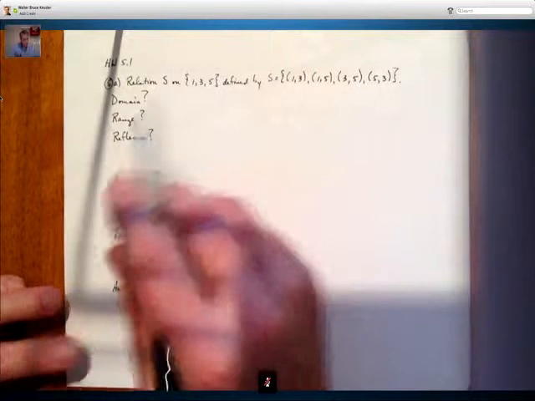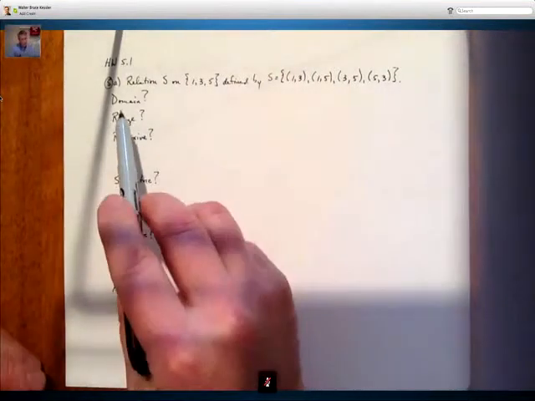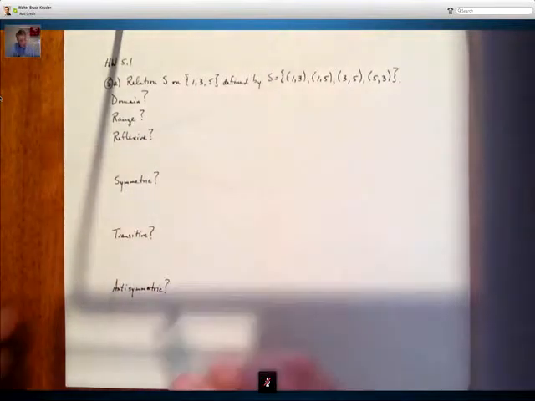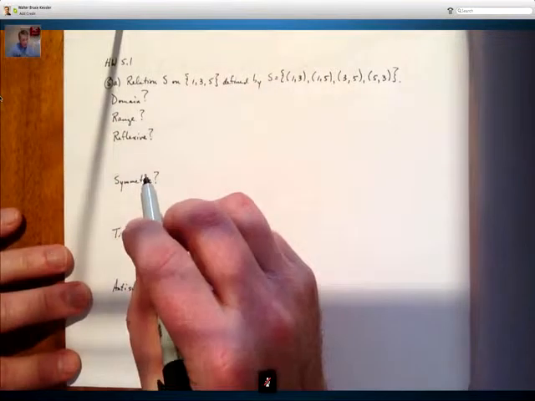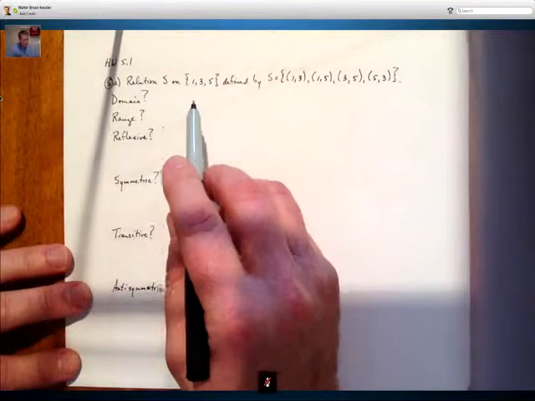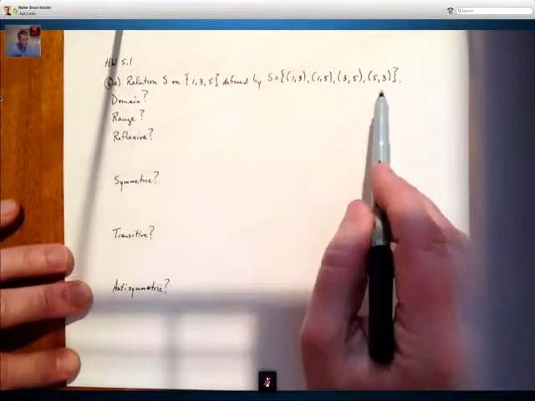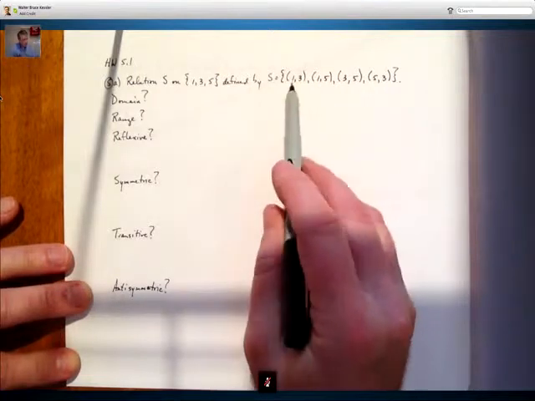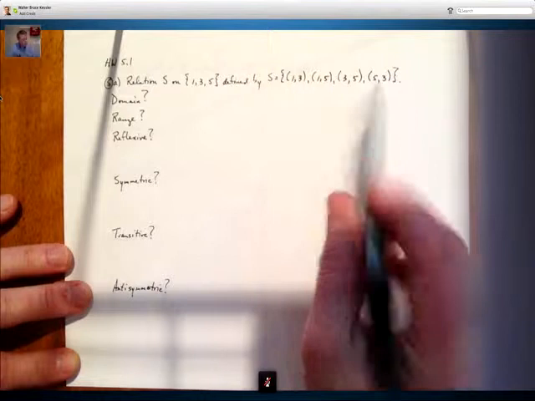Relation S. And we're going to talk about these different relations and then talk about, okay, what's the domain, what's the range, is it reflexive, symmetric, transitive, antisymmetric. So this first one is the relation S on the set 1, 3, and 5 with these ordered pairs in there. Okay, so the domain is everything that's included as a first coordinate in these ordered pairs, so 1, 3, and 5.